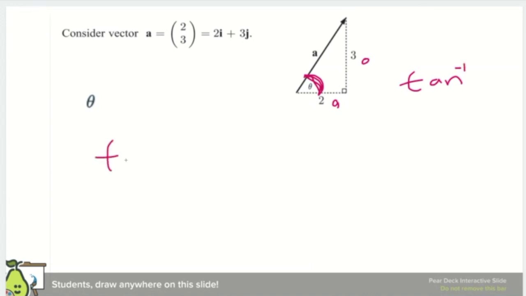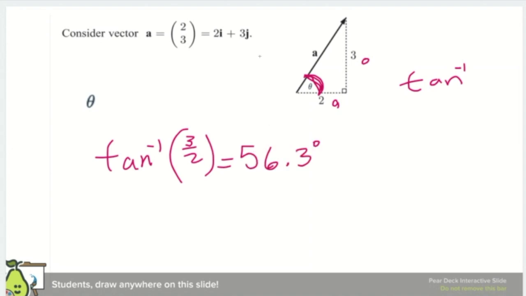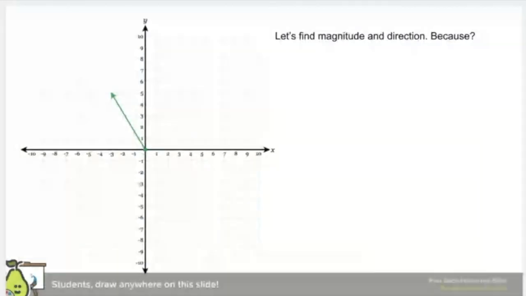So we're doing inverse tangent of opposite over adjacent, 3 over 2. And when we do that on the calculator, we get 56.3. So now what we know is the length of A is square root of 13, and its direction is 56.3 degrees.